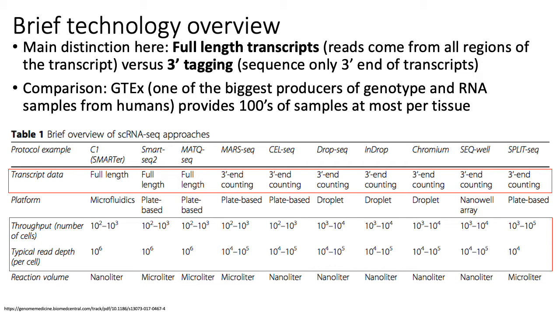Whereas with single-cell based assays, you can sequence 100,000 cells all in one experiment. So the scale of the data that comes out of single-cell based assays is orders of magnitude more than bulk samples.